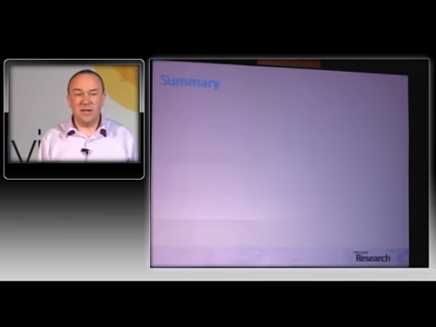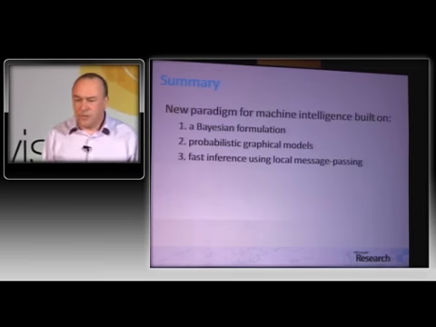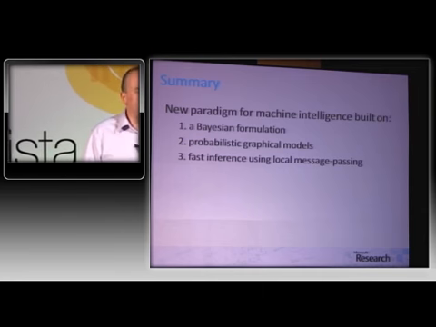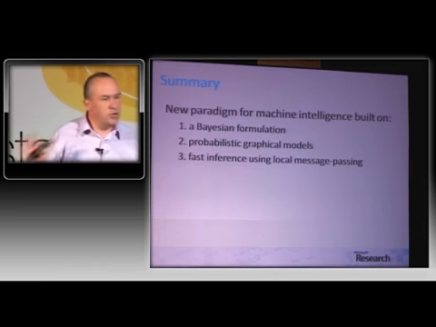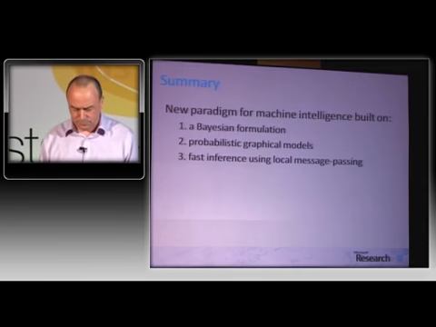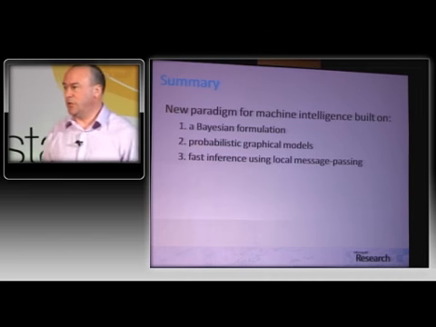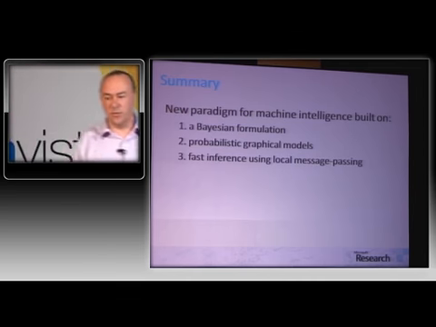And finally, then, let me just wrap up by summarizing the key messages. First of all, I've described what I see as a new paradigm for machine learning, something which I think will become of enormous importance over the next 10 years in a huge range of different applications. It's based on three key ideas: a Bayesian formulation in which we use probabilities to describe uncertainty in a mathematically consistent way.